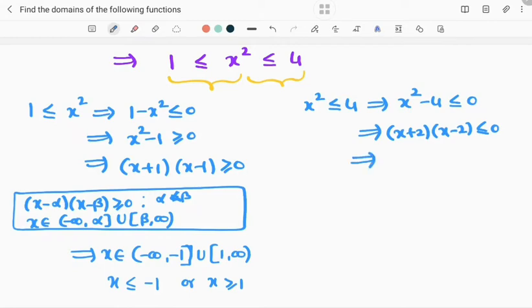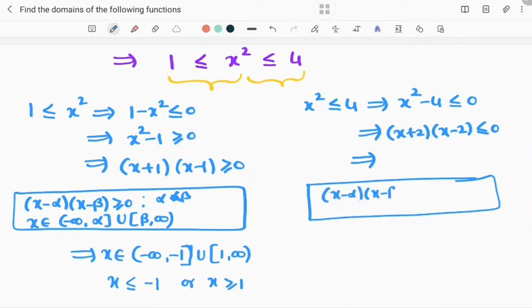Here another formula we are going to apply: x minus alpha into x minus beta is less than or equal to 0 when alpha is less than beta, x belongs to closed interval alpha comma beta, or alpha is less than or equal to x less than or equal to beta.